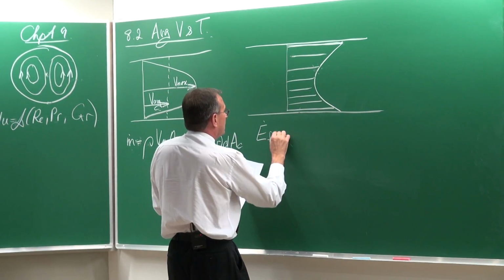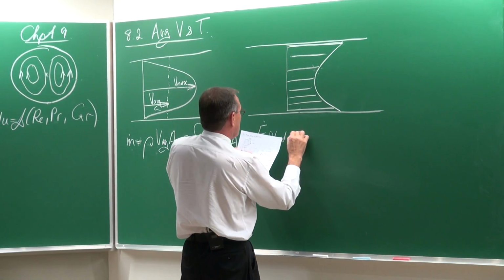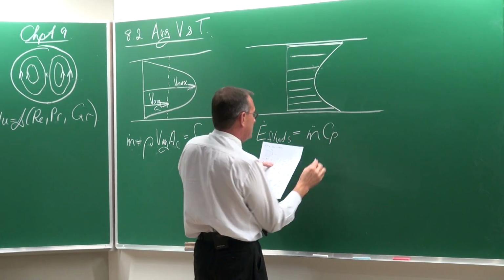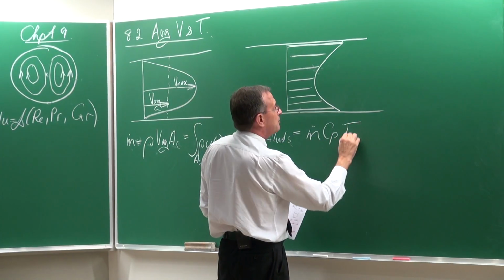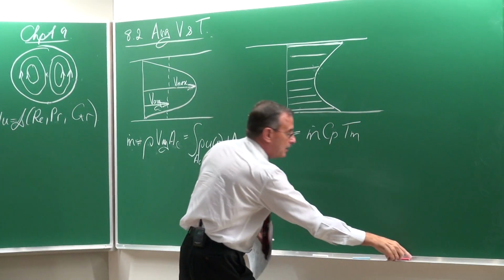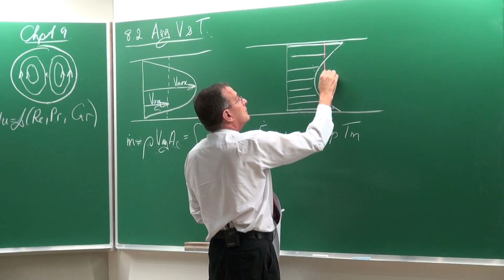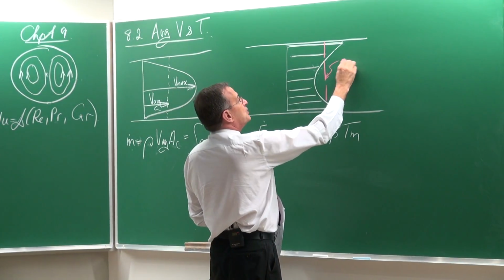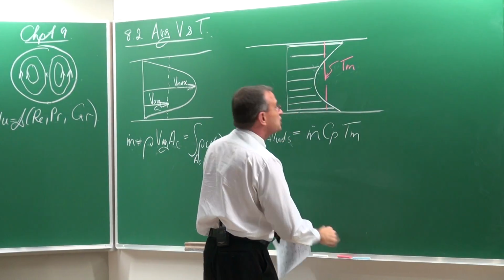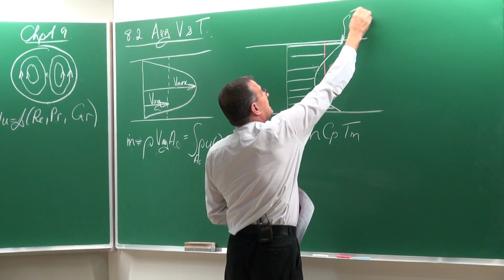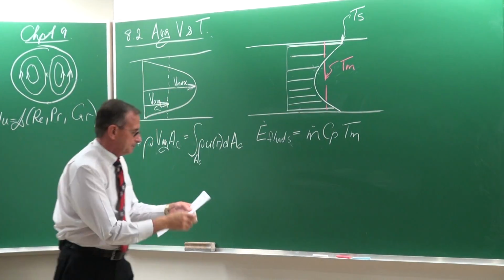The derivation of it you can get in your textbook, but it is about the mass flow rate, Cp multiplied by a mean temperature, where Tm is the mean temperature, and that is going to be Ts, the surface temperature.